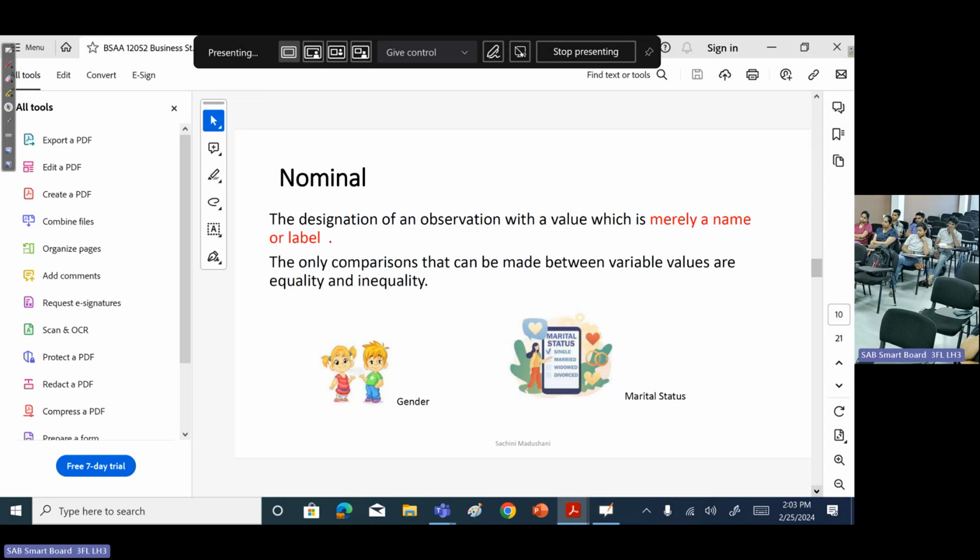For marital status, we identify whether this person is married or single, then take the count: how many married persons and how many single persons. We cannot do further analysis or apply other mathematical operations. It's clear, nominal level, okay?